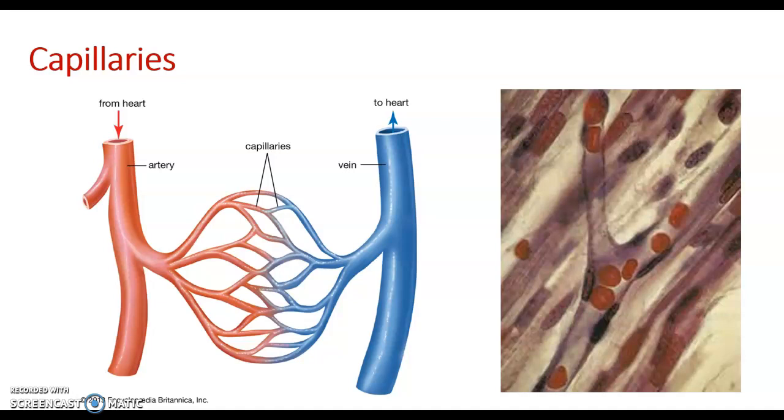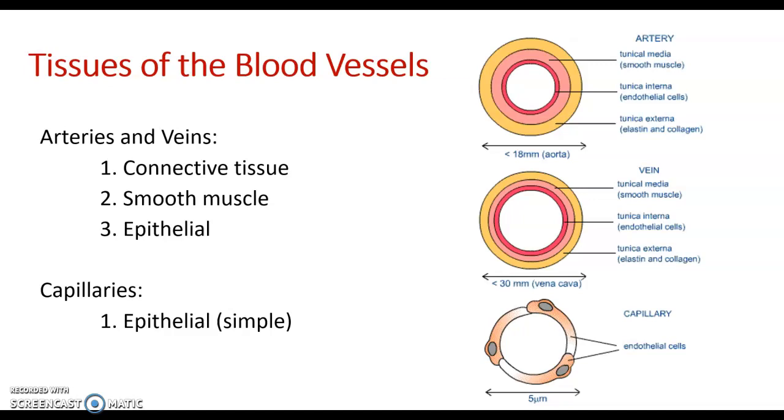Let's look at the layers of tissue that we're going to see inside of blood vessels. Because the function of capillaries is the exchange of materials, we are going to see a single layer of epithelial tissue. Single layer, so that's a simple layer. Remember, stratified would be multiple layers of epithelial tissue. In this case, it's going to be simple.